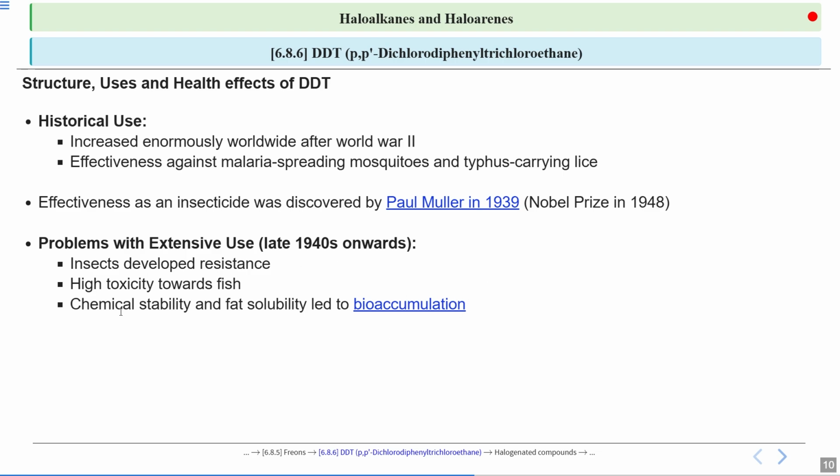So DDT was chemically stable and fat soluble, due to which it has led to bioaccumulation in various animals, mainly in fish. It is highly toxic towards fish. Bioaccumulation is the process where a substance, particularly a toxin, builds up in an organism over time, and it can't be broken down into simpler molecules.